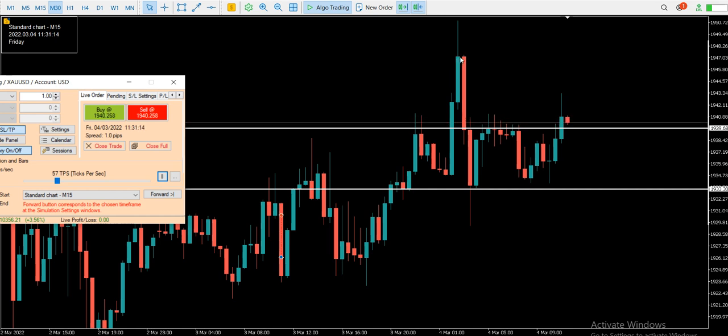If this candle breaks the high of the previous candle, I'll take a buy, and my take profit will be right there. Let's speed it up a little bit, not that much.